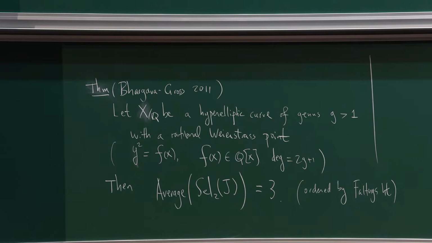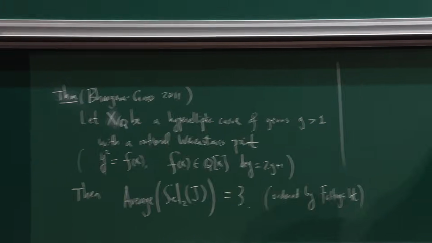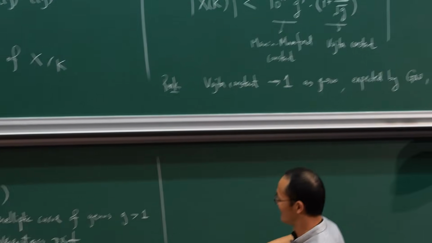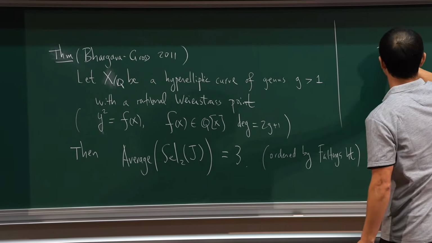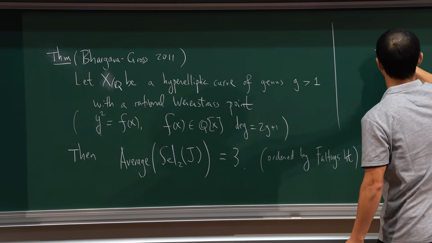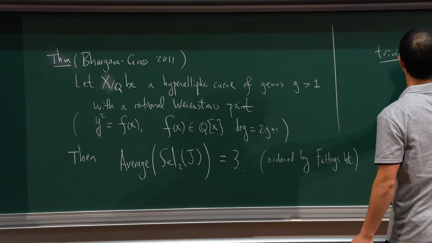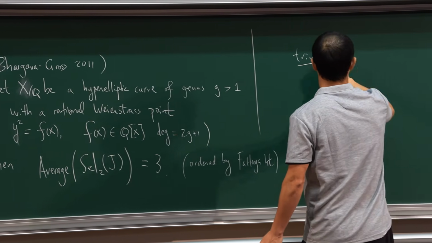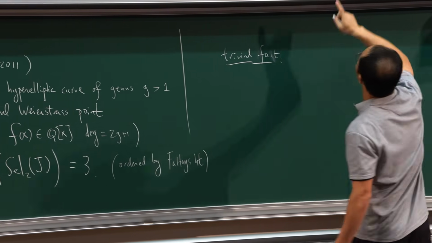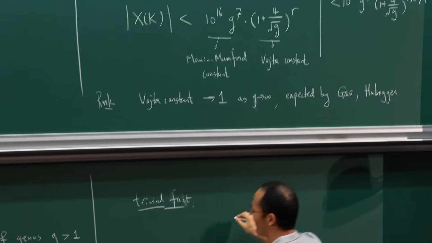Okay, now if we apply this marvelous result to this one, then this 2-Selmer group, we have this trivial bound, trivial fact. This 2-Selmer group is less than or equal to 2 to the r.